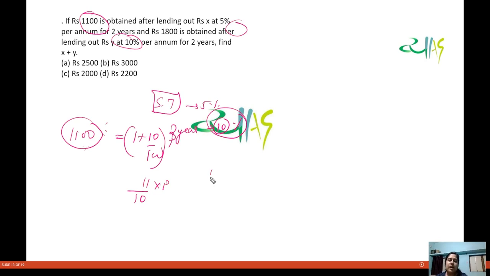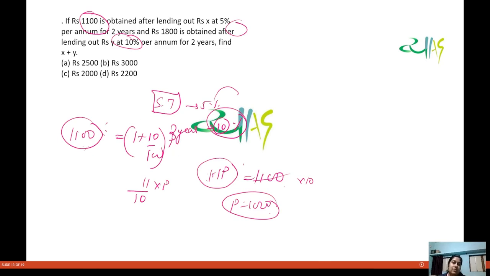This is 1.1 times P, because 5% interest in 2 years becomes 10%. So I know this 1100 is equal to 1.1 times P. Multiply by 10 here, and this will become 11, so P is equal to 1000.